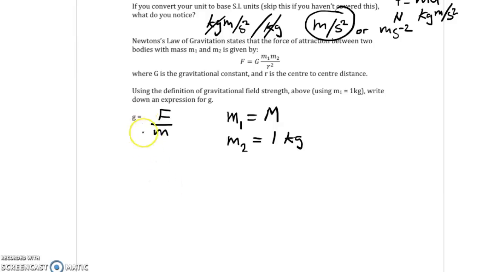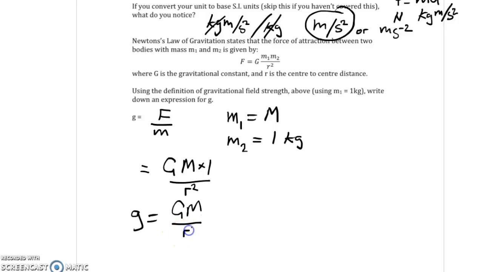So we end up with an expression of GM times 1, because we put M2 as 1, over r squared, which is the distance. And so we can see that our final expression is going to be g equals GM over r squared. So this is the gravitational field strength at a distance r from a mass.